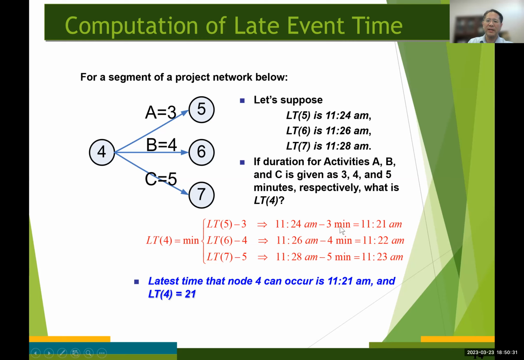Which is from the latest finish time for event number 5, which is 11:24 a.m., minus 3 minutes, the duration for activity A. So if event number 4 occurs after 11:21 a.m., then event number 5 will occur after 11:24 a.m., and in that case the completion of the project will be delayed.